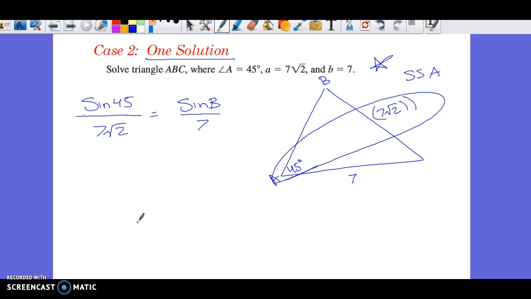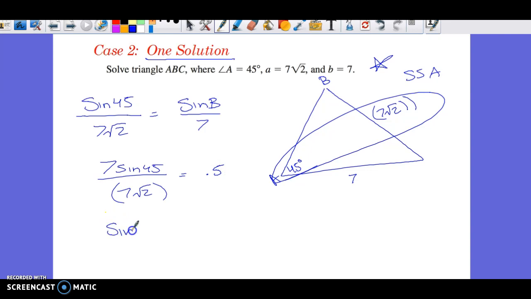So what I'm going to do is cross multiply, do 7 sine 45 over 7 radical 2. Like I said, throw some extra parentheses in there. So 7 sine 45 divide by 7 radical 2. You should get 0.5.